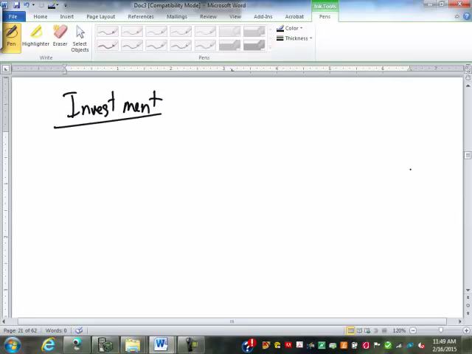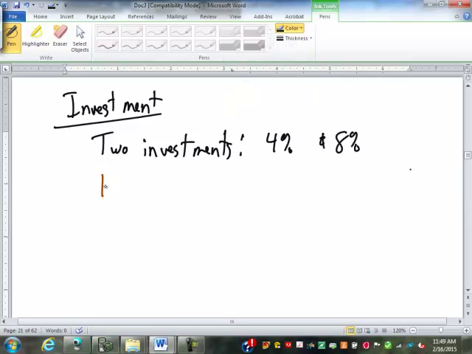In this situation, let's say you have two investments. And let's say we're going to earn 4% on one and 8% on the other. And you have $5,000 to invest.